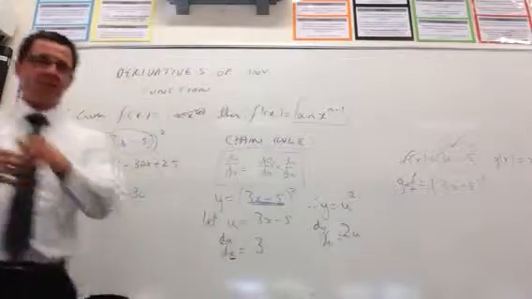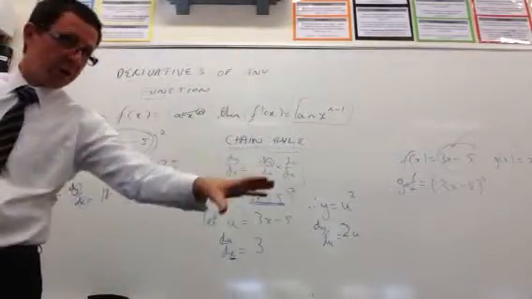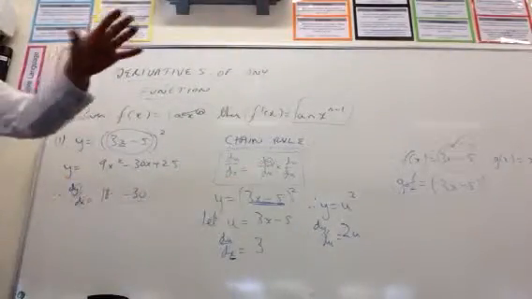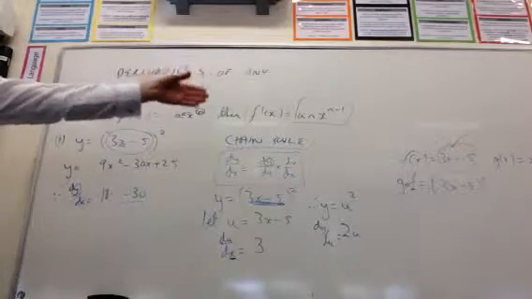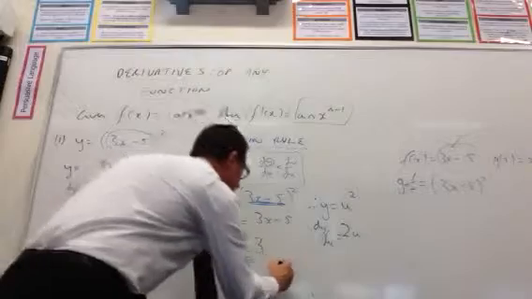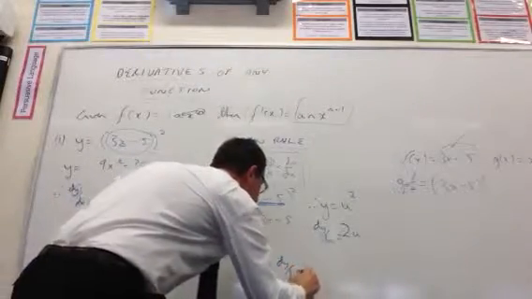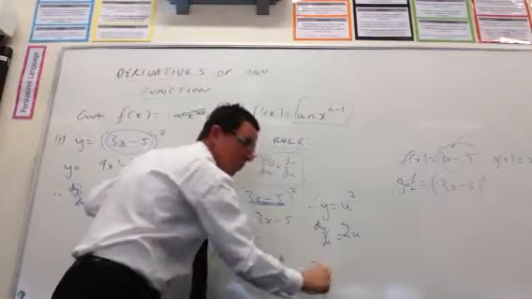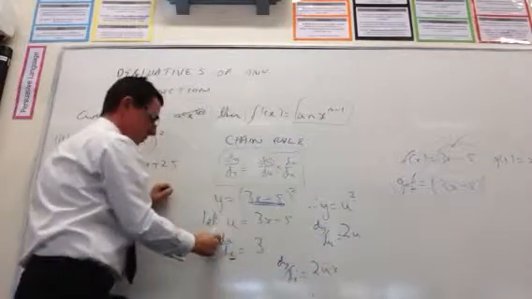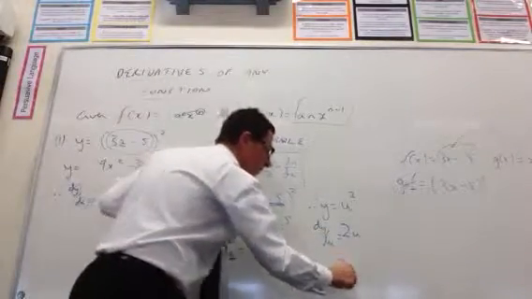So I've done my g bit, which I've derived, and my f bit, which I've derived. And I stick them back together. So dy/dx is dy/du, 2u, times du/dx, which is 3.